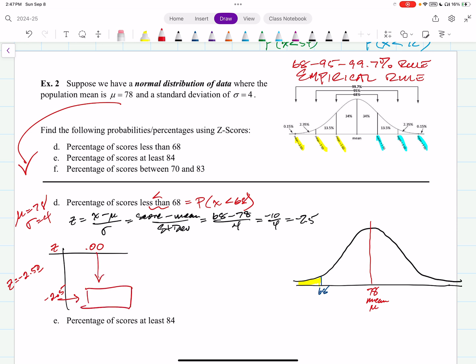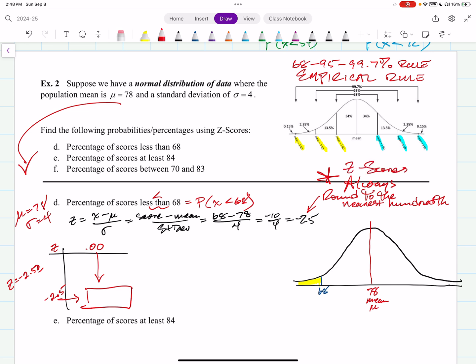That's how you use the z-table. Z-scores are always rounded to the nearest hundredth if necessary, so two decimal places. Let's make a little note of that. I didn't have to this time, but most of the time you do. A key note for z-scores.